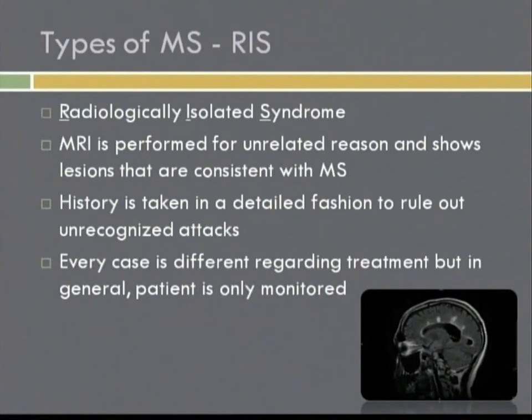The first type of MS we call RIS, or radiologically isolated syndrome. And what this is like is the person who had the flu but never knew they had it.